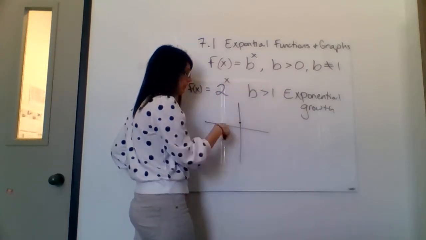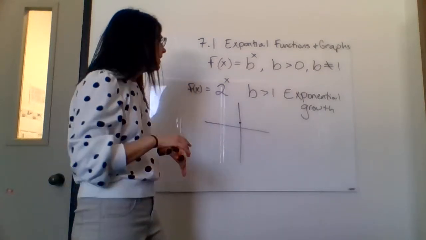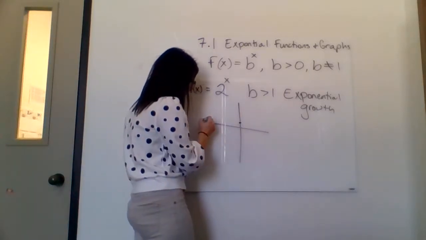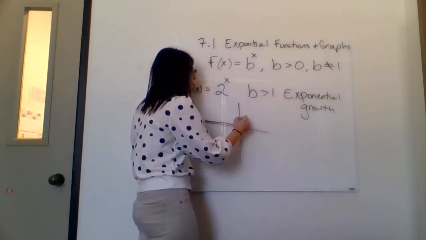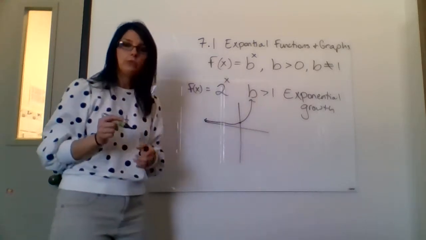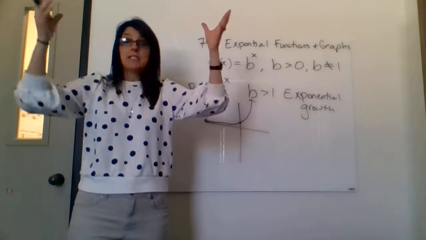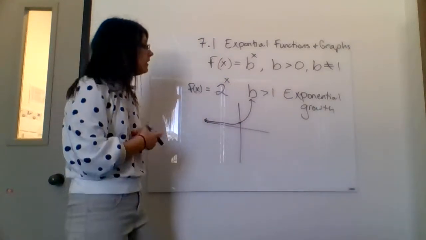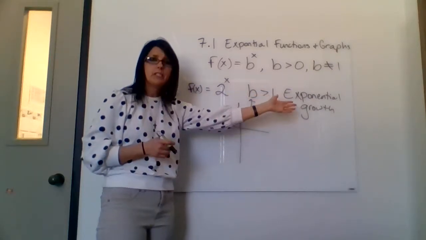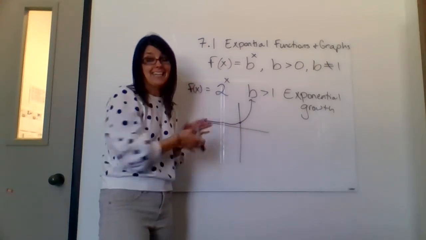So all of these exponential functions, if it's the basic one where I didn't add, subtract, or anything like that, then what we call the parent function will cross through 0, 1. And as our x values get bigger, the y values go up to infinity, right? So it's exponential growth because it's growing exponentially really, really quickly. So again, if our base is larger than 1, then we have what we call exponential growth, and the graph will take on some sort of shape like this.